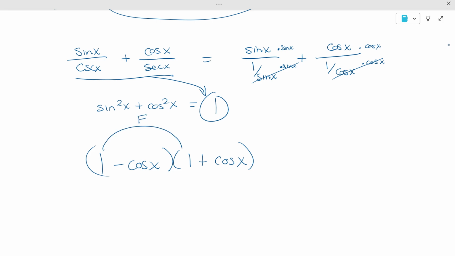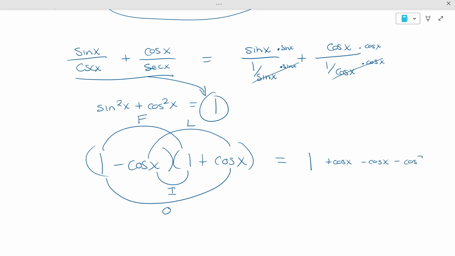F. O. I. L. Spells foil. 1 times 1 is 1. Outers is plus cosine of x. Inners is minus cosine of x. Last times last is minus cosine squared of x.